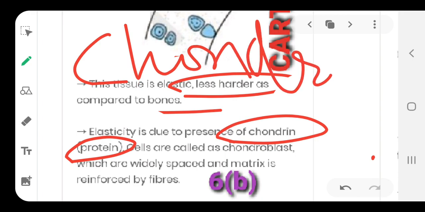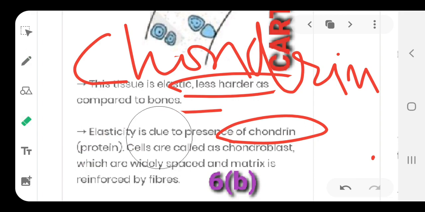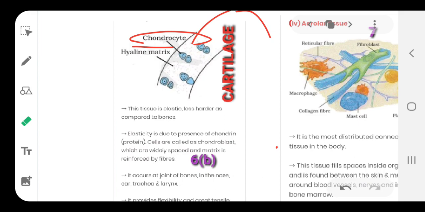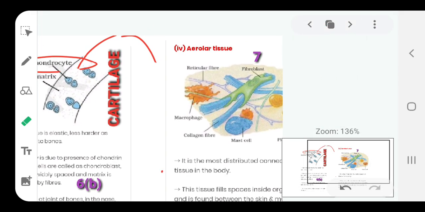So this chondrin gives this tissue elasticity. The presence of chondrin I have told you, and the cells are called chondroblasts. I have just told you in this diagram, and that is the cartilage, basically a soft tissue.